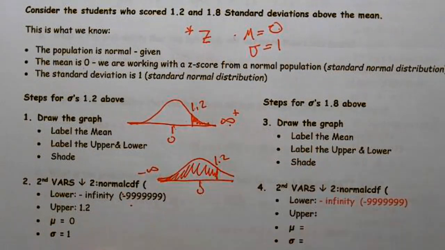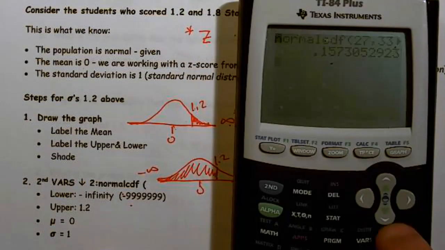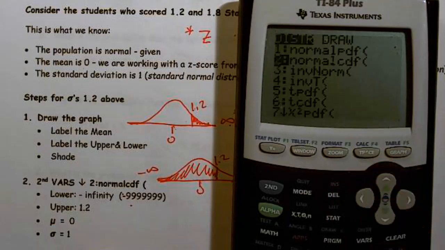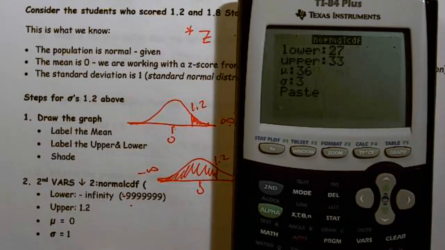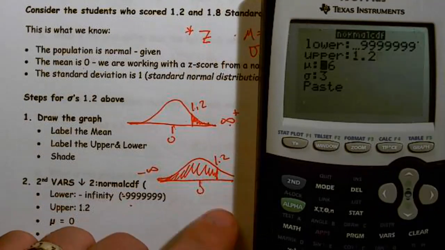So how do you do this on the calculator? Very straightforward. Second vars, normal CDF. My lower bound, basically, I shortcut this and I just load this up, a full screen full of 9s. All right. Well, my upper bound was 1.2. My mean is 0. My standard deviation is 1.